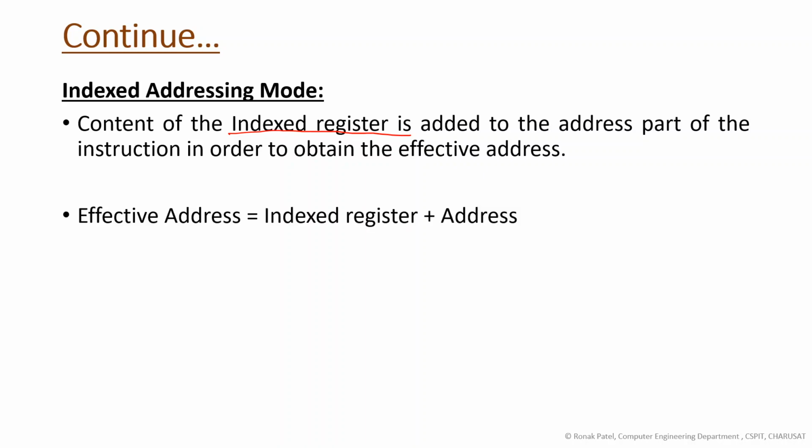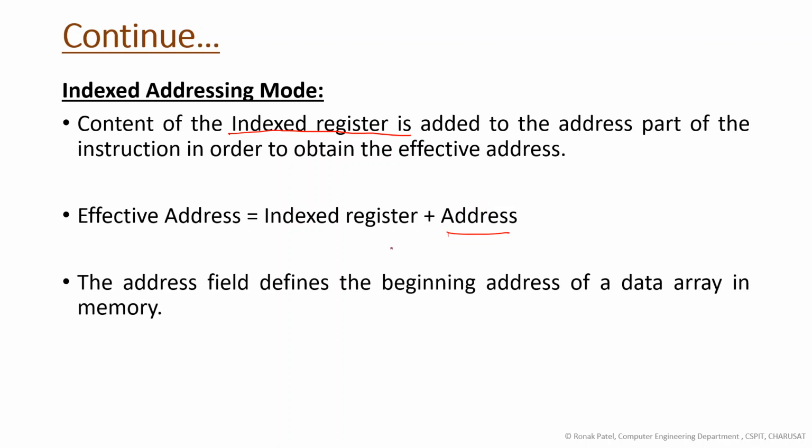So in this case, effective address is index register plus address. In the previous case, PC plus address. The address field defines the beginning address of a data array in memory.